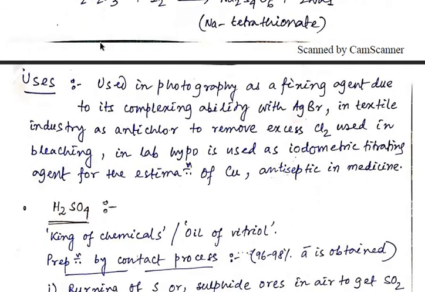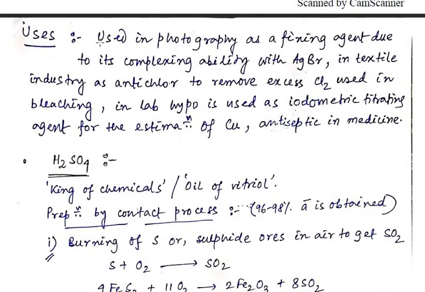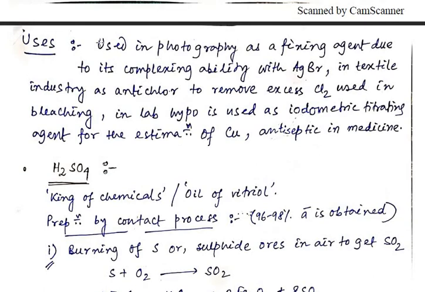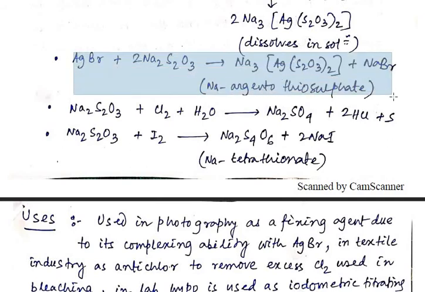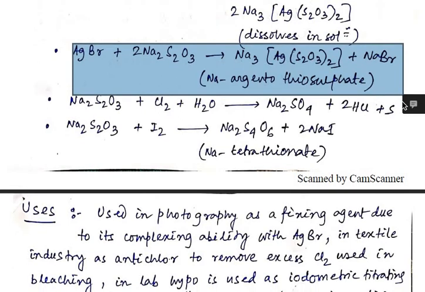The sodium thiosulfate, that is Na2S2O3, is actually used in photography as a fixing agent due to its complexing ability with AgBr. Okay, so these reactions I had already discussed, that AgBr reacts with Na2S2O3 and it will form the sodium argentothiosulfate.